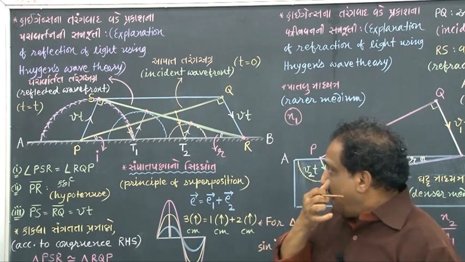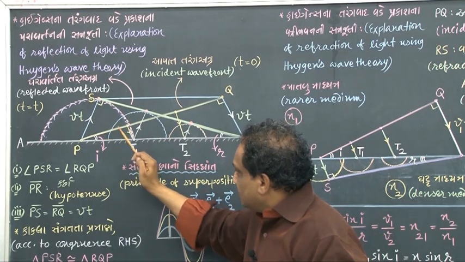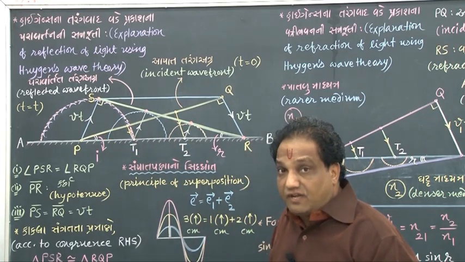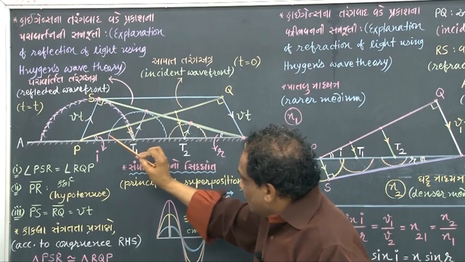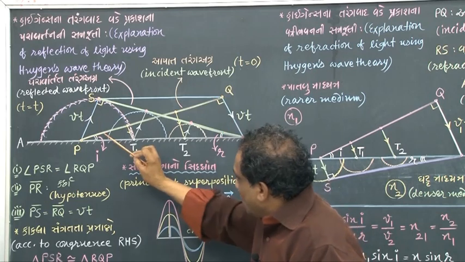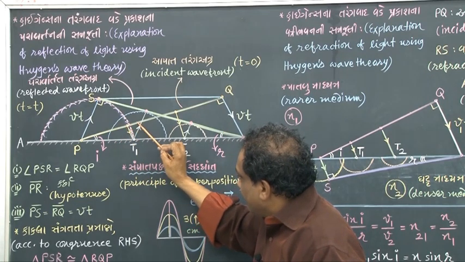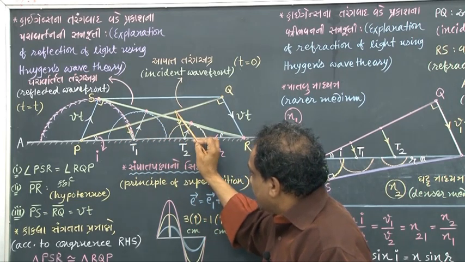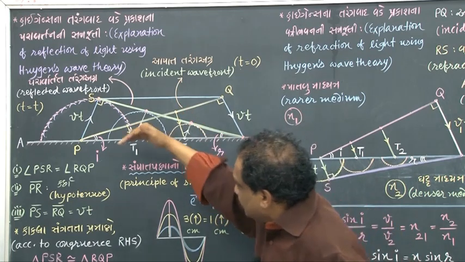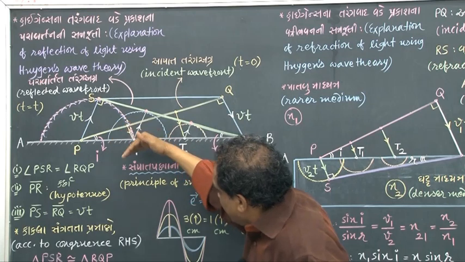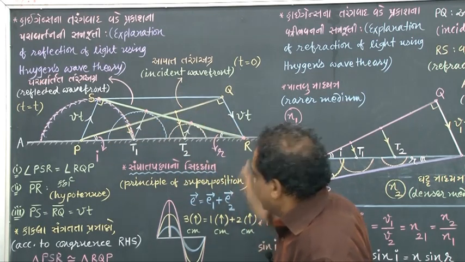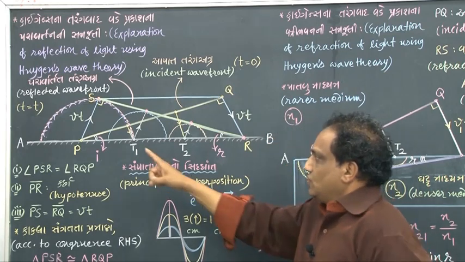So all these points will start emitting secondary spherical waves. As we proceed from point P to point Q, all these points, when they behave like self-independent secondary sources, will start emitting secondary spherical waves, and those waves are made incident on this reflecting face.